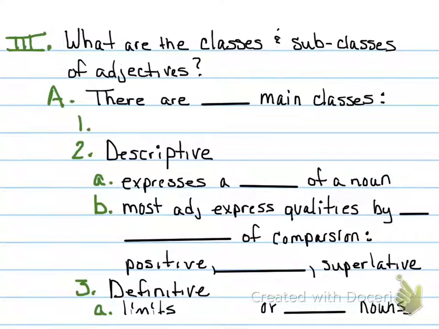So what are the classes and subclasses of adjectives? Well, we've pretty much gone over them. We have the three main classes. We have the article adjectives, the descriptive adjectives. We also have, number 3, the definitive adjectives.